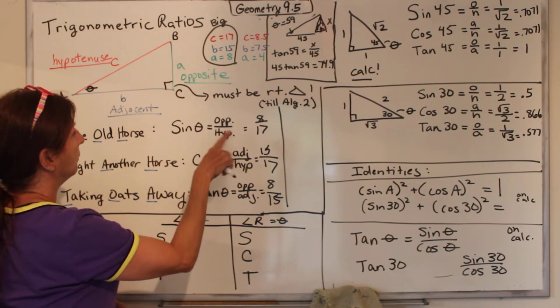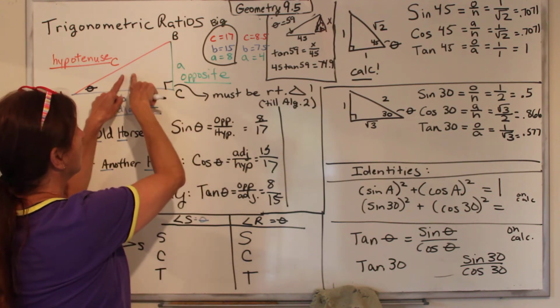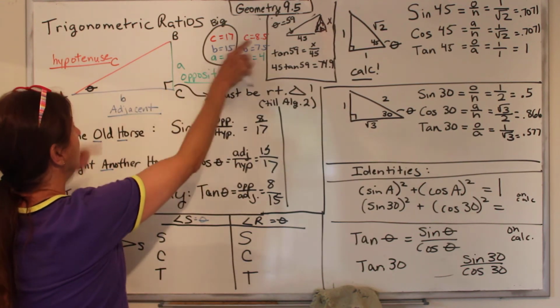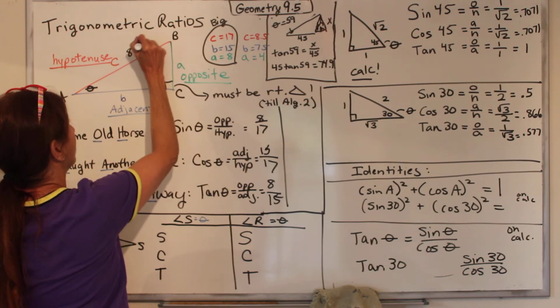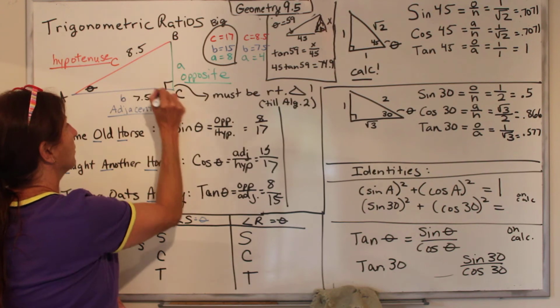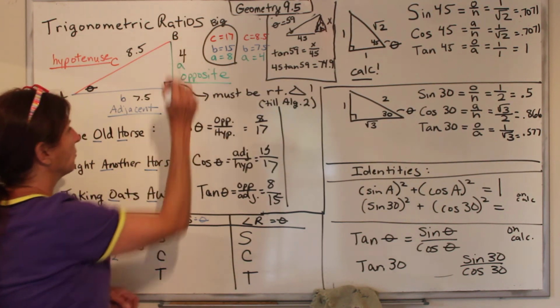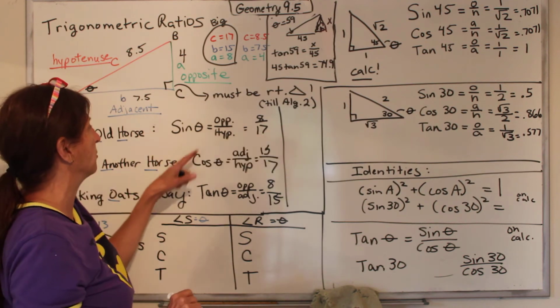The hypotenuse, I'm going to write down as 8.5. The adjacent, I'm going to write down as 7.5. And the opposite is 4. So I think that'll be a little easier to do with this small triangle.